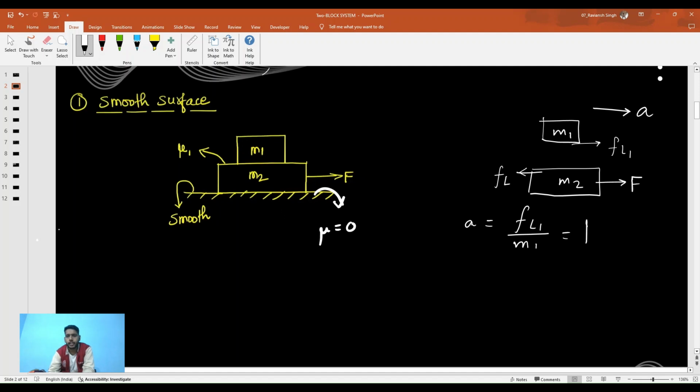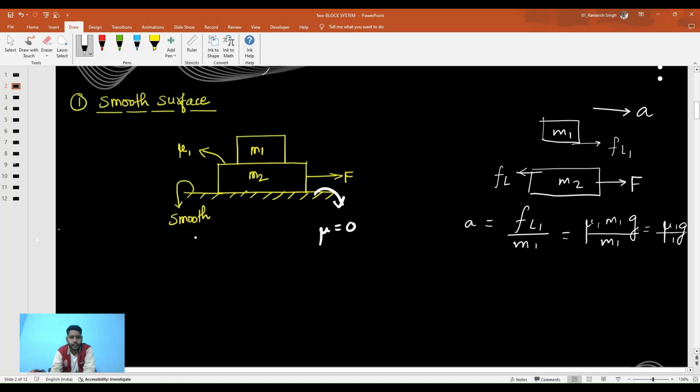FL1 can be further written as mu 1 M1 g divided by M1, which comes out to be mu 1 g. Okay? So this is the common acceleration by which both blocks will tend to move when the force is applied.